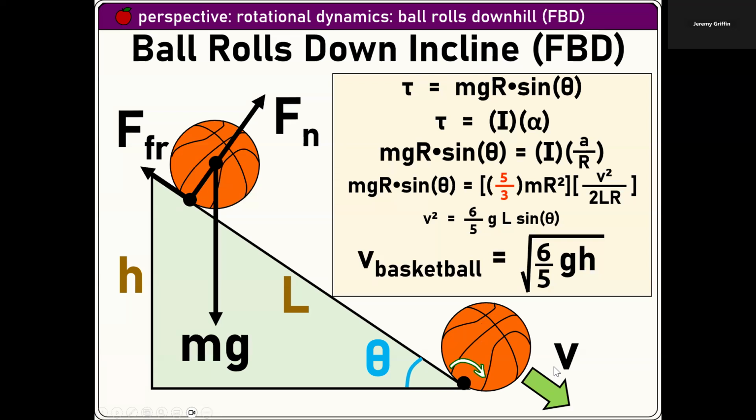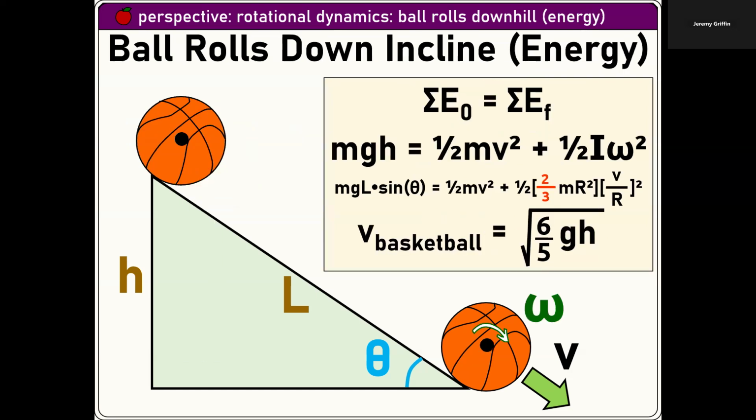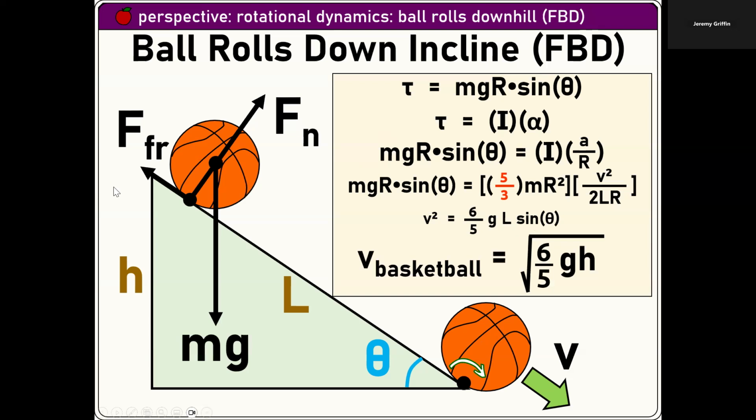Another detail I forgot to mention yesterday is, you see this friction right here? Remember last semester, we were talking about if there's friction in an energy setup, like a car braking to a stop, that would take energy out of the system. Is that the case here? Is this friction, which might be a static friction to induce rolling, taking energy out of the system? No, it's not. All that friction force is doing is inducing torque.